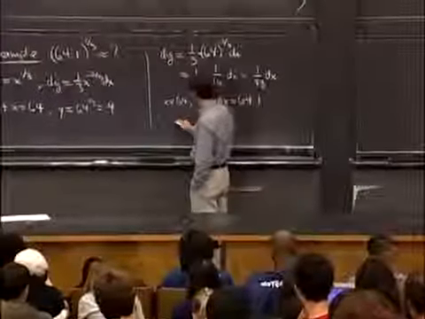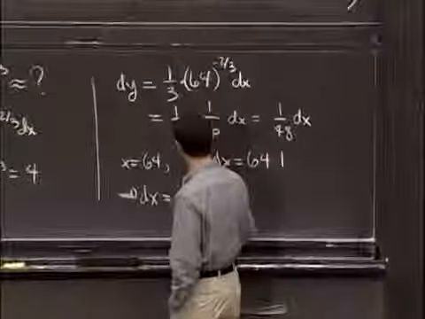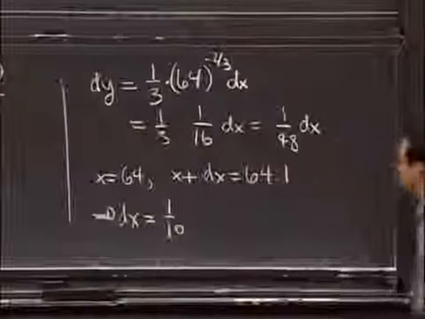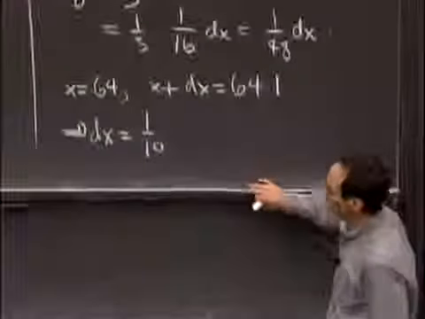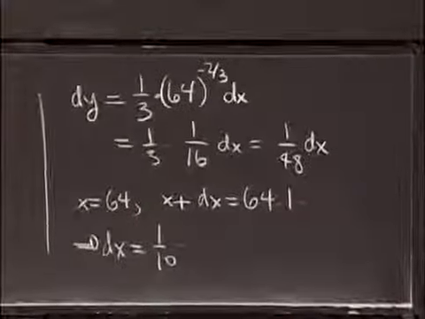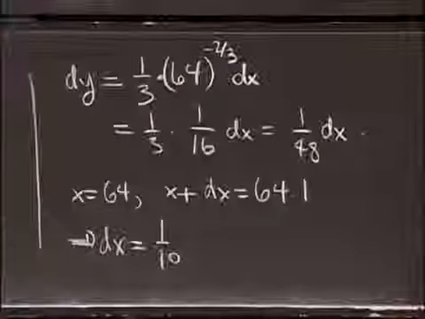That means that dx is going to be 1/10. That's the increment we're interested in, and now I can carry out the approximation.